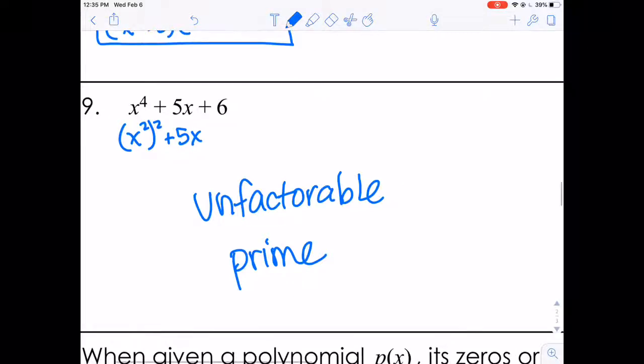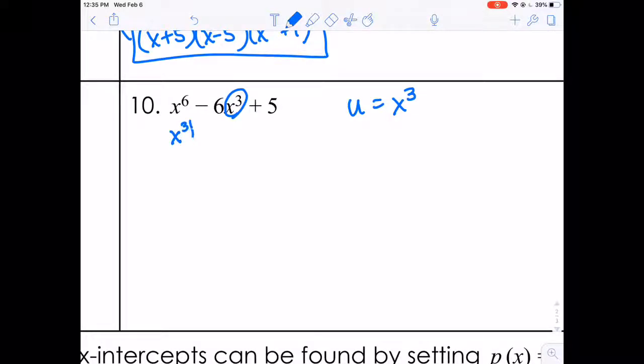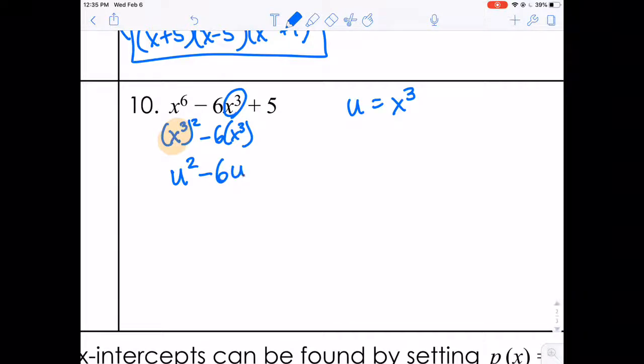Unfactorable. Sometimes we call this prime. Okay. And then number 10 looks a little different because it's x to the 6th, but I can see that this is x to the 3rd. It's a half of it. So I'm going to set my u this time equal to x to the 3rd. So now this is going to be x to the 3rd squared. So I'm going to replace that x to the 3rd with a u squared. I have minus 6 times x to the 3rd. So I'm going to replace that x to the 3rd with just a u.